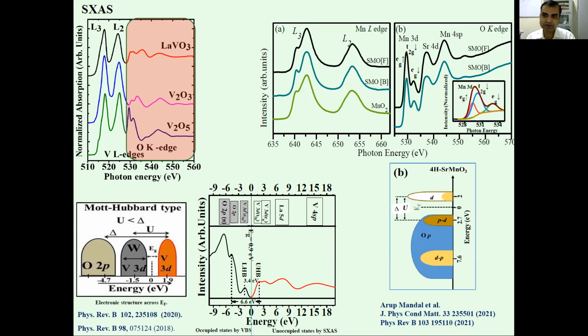And since your oxygen 2p orbital is hybridized with both the manganese t2g level as well as the manganese eg level, if you are probing this oxygen K edge, where your electron is exciting from oxygen 1s to 2p, and since we know that oxygen 2p is the outermost for the oxygen, which is hybridizing with the manganese 3d electrons, again the outermost of manganese levels, and that manganese 3d has 2 energy levels, t2g and eg, the electron can get excited from oxygen 1s to oxygen 2p, which is hybridized with either manganese t2g or manganese eg.